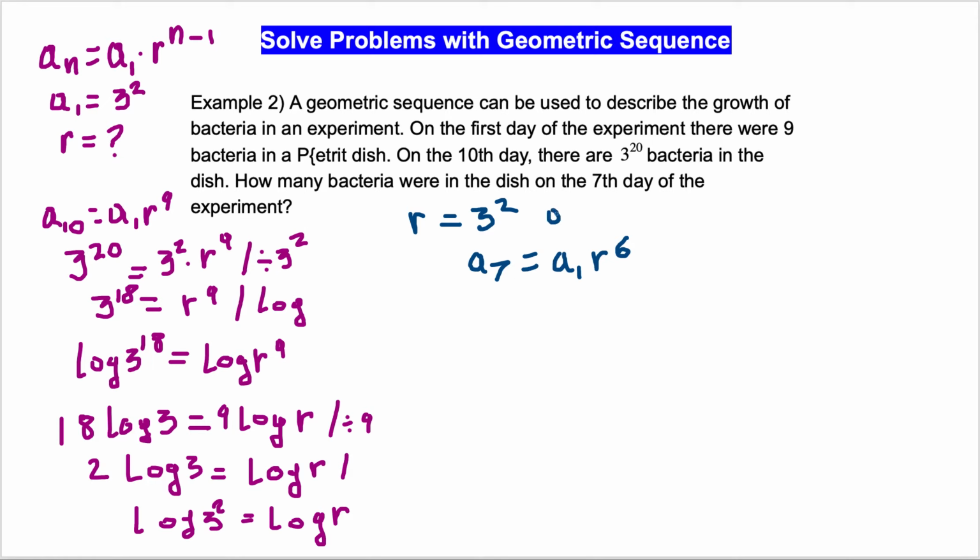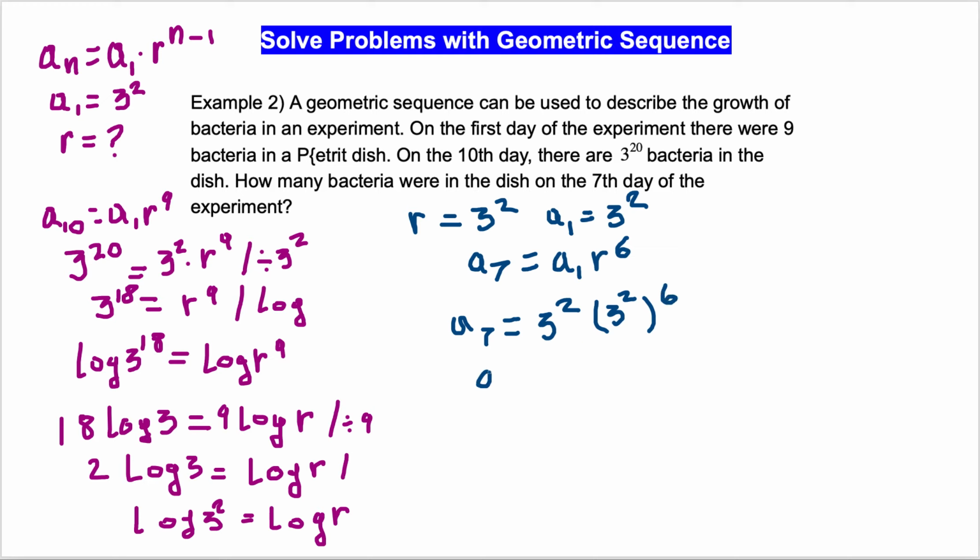So the 7th term is a1, 3 squared, times R, 3 squared, to the power 6. It happens that both the first term and the common ratio are 3 squared.